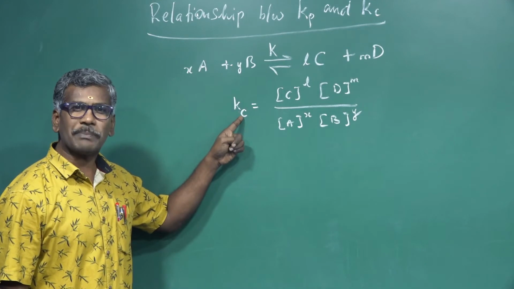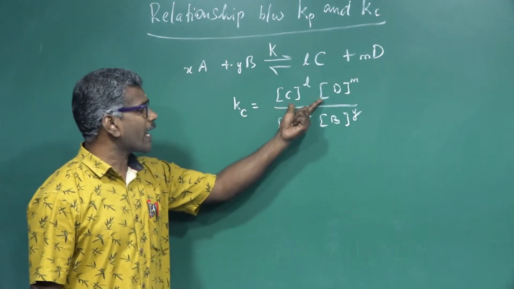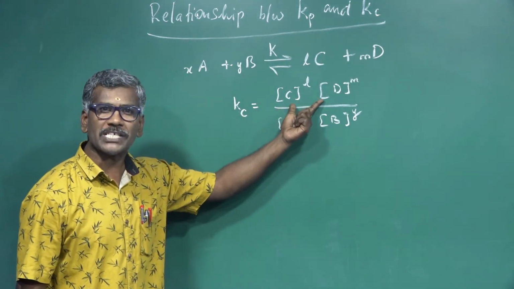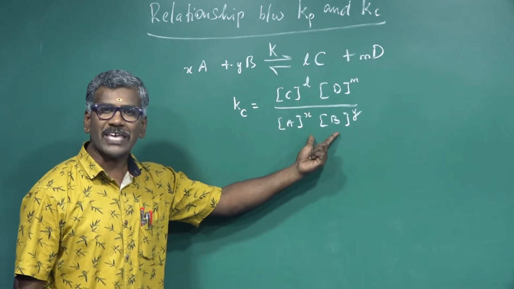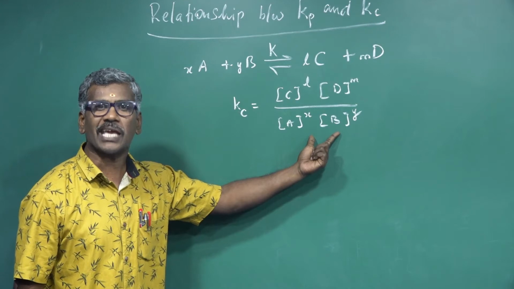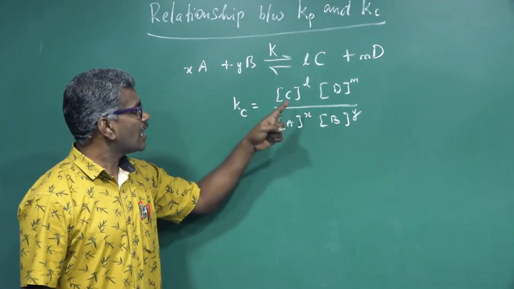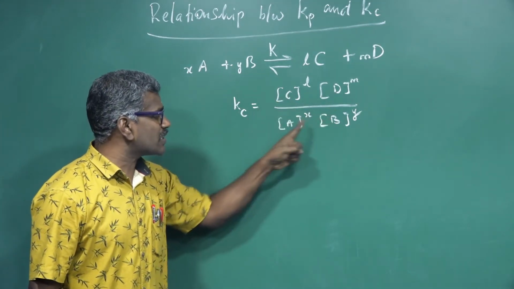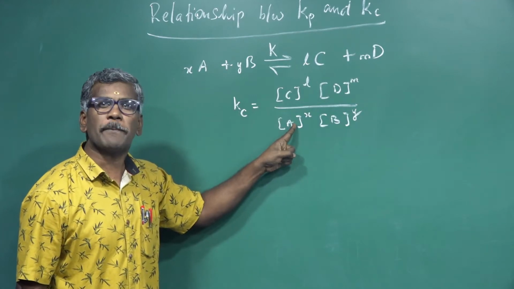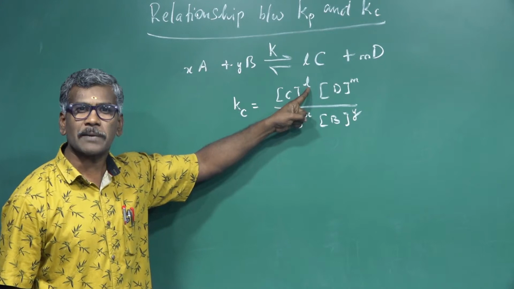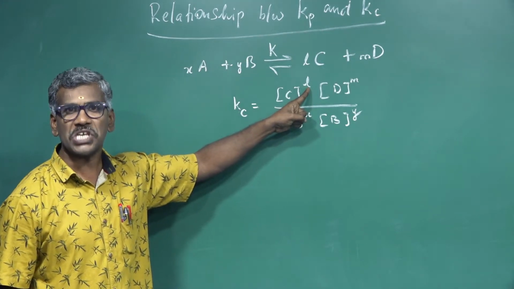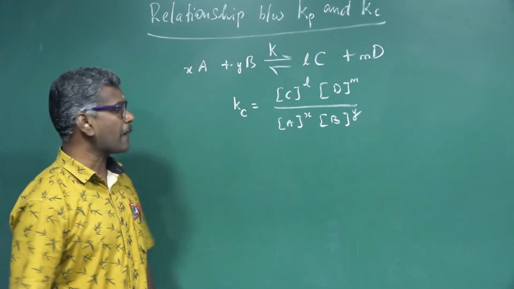It can be defined as the product of equilibrium concentrations of the products divided by the product of equilibrium concentrations of the reactants, with each concentration term raised to the power equal to the coefficient of the substance in the balanced equation.